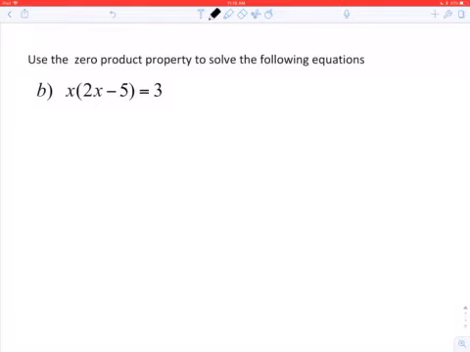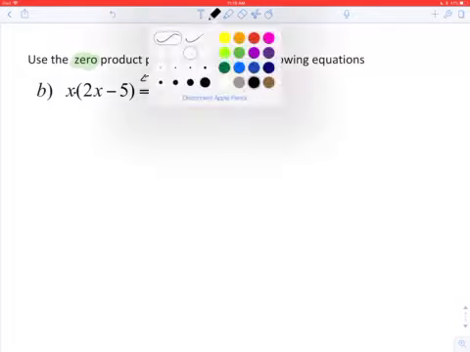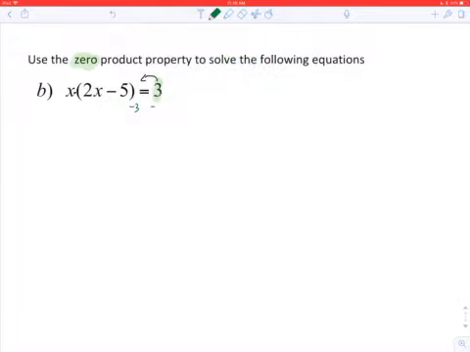Next, I have the equation x times 2x minus 5 equals 3. On the left side, I have a product, but is this enough to use the zero product property? Well, no. On the right side, we have 3, and the zero product property requires 0 on the right side. So we have to subtract 3 on both sides to make 0 on the right side.